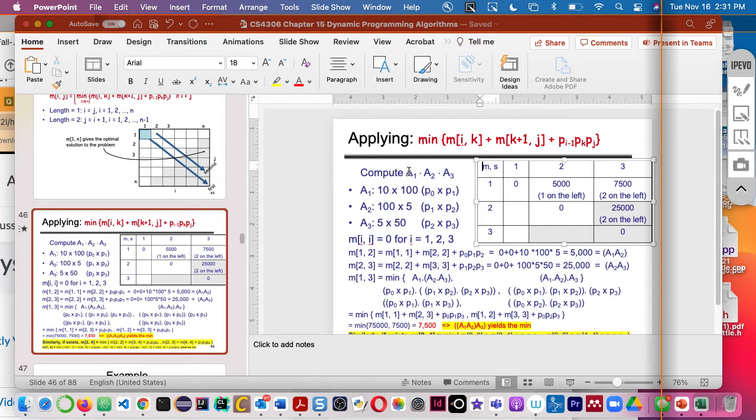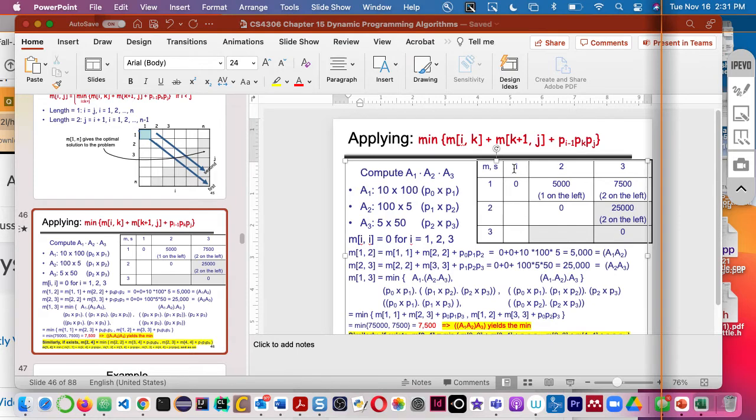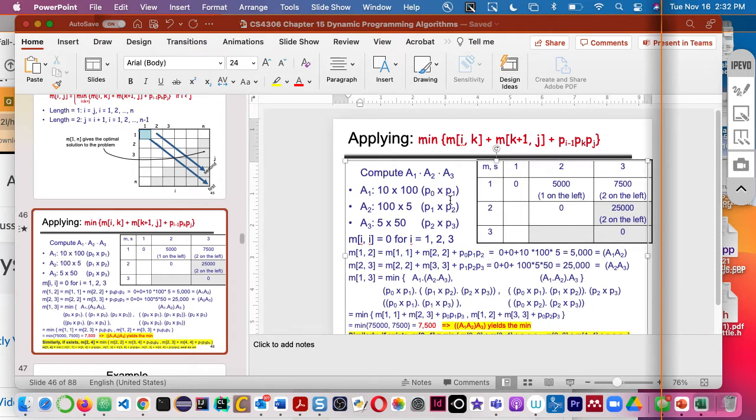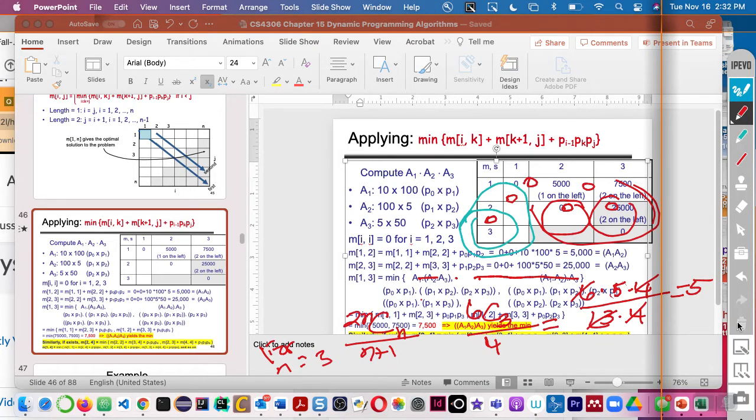There are 3 matrices, right? So take the columns 1 2 3 and the rows 1 2 3: 3 rows and 3 columns. Straightforward, this is simple.